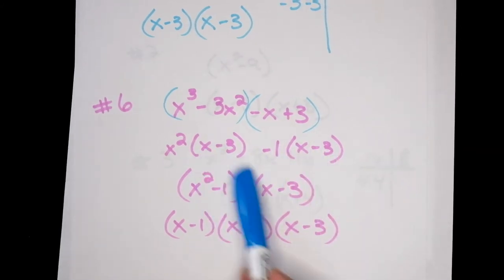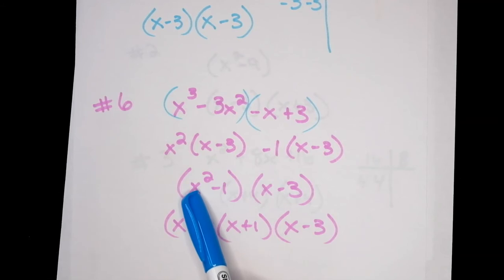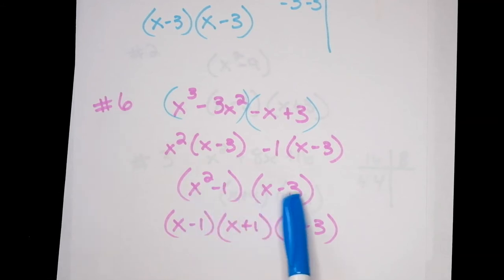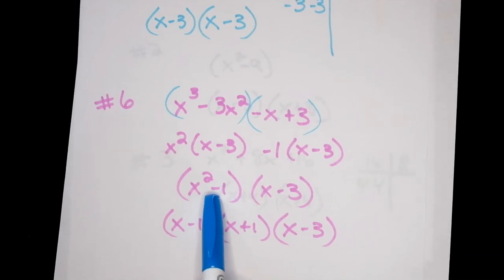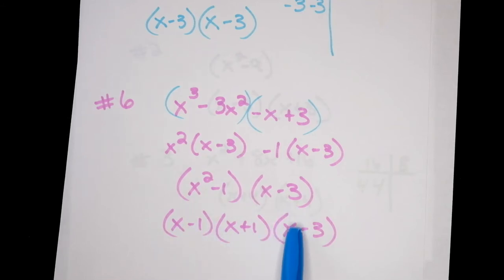And then I factored out x minus 3 right here, so I end up with x squared minus 1 times x minus 3. Now don't forget that this can still be factored because it is a difference of squares, and that factors into x minus 1 times x plus 1, and then of course the x minus 3 comes down right there. So that is number 6 factored.